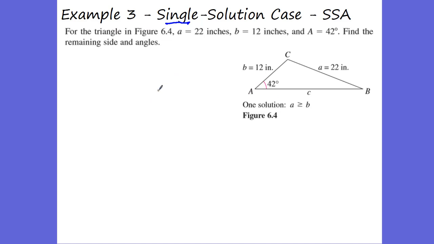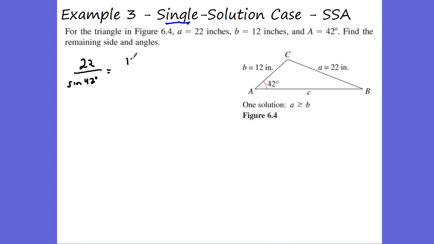I always do these the same way when you have this angle, side, side. I do this in two different colors, and I'll show you why. We know side a is 22. Sine of 42 degrees goes with the a.